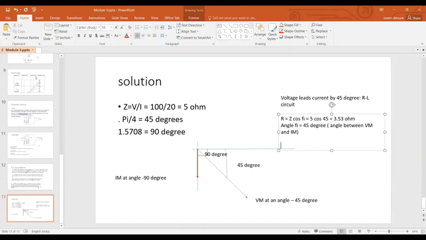Just check. And XL is equal to Z sin phi. Just check. You should get the same answer, 3.53 ohm.